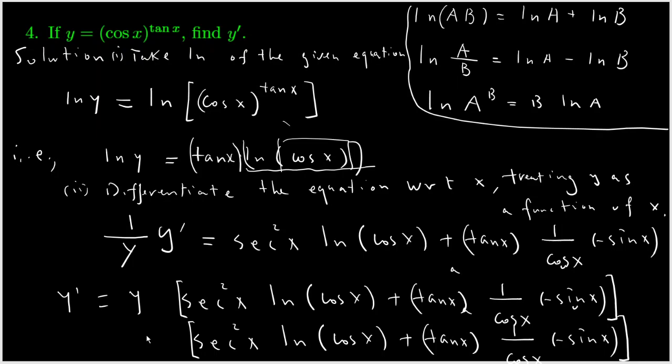My final comment is that it's always possible to write the final answer in terms of x only. Because you have a relation between y and x, wherever you see y, you can replace y with the whole thing. Look at the mouse cursor. I'm trying to show the final step, okay? y prime is written in terms of x only. It's going to be something like this: cos of x to the power of tan of x.